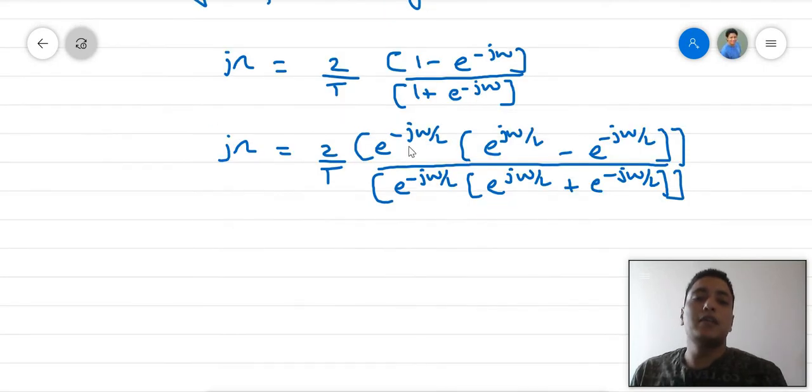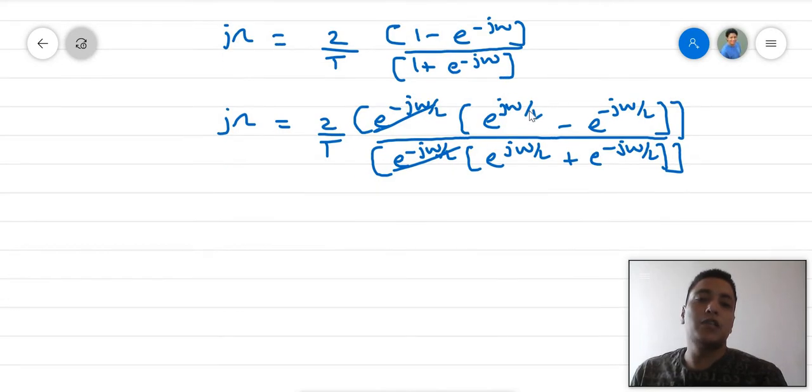Taking exponential minus j omega by 2 common, we get exponential minus j omega by 2 multiplied with (exponential j omega by 2 minus exponential minus j omega by 2) in the numerator, and in a similar manner we can do it for the denominator. Then the exponential minus j omega by 2 factors cancel out. We can see exponential j omega by 2 minus exponential minus j omega by 2 can be evaluated as a sine function.